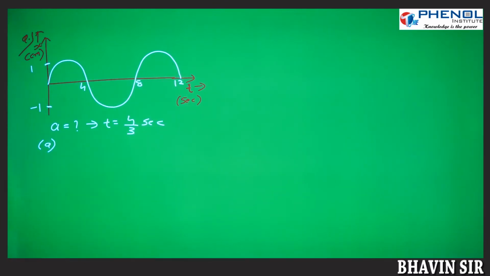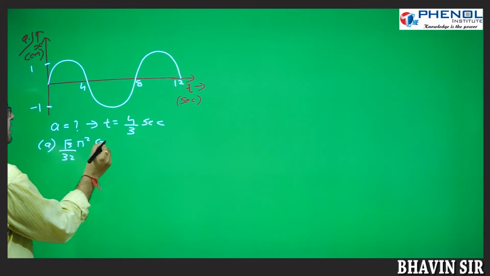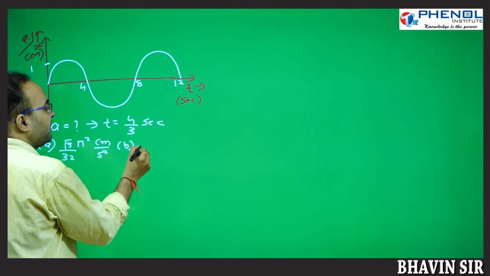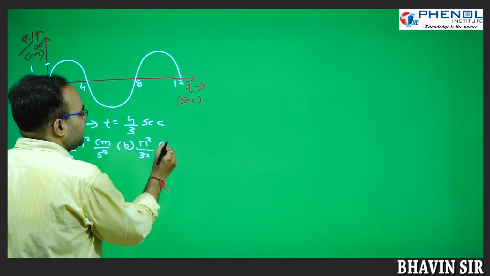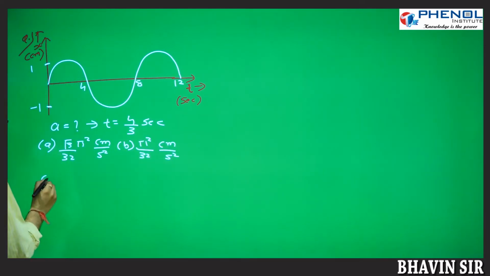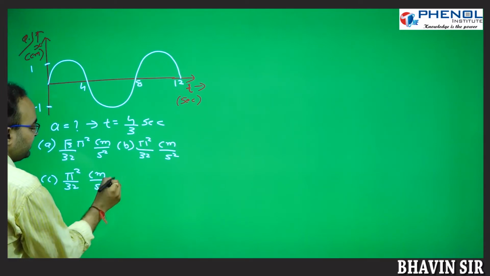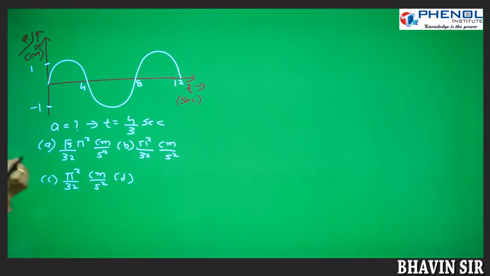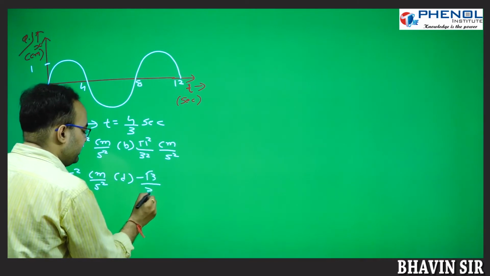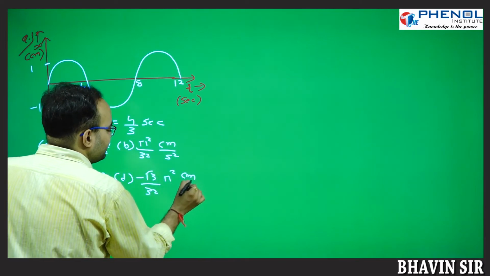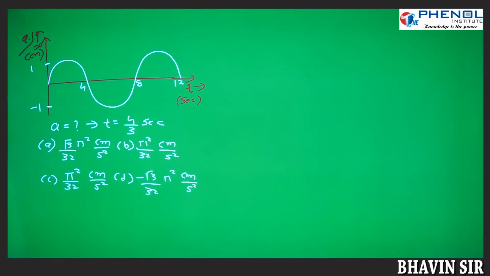See, √3 by 32 pi square centimeter per second square, pi square by 32 centimeter per second square, pi square by 32 centimeter per second square, minus √3 by 32 pi square centimeter per second square.